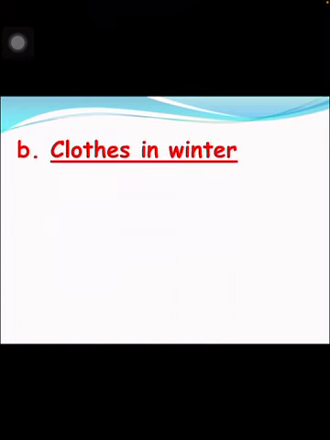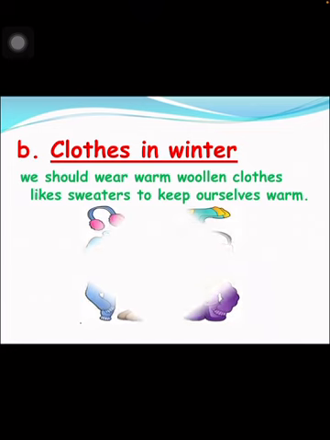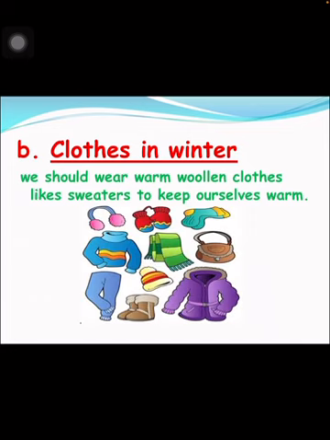Now clothes in winter. In winter, we should wear warm woolen clothes like sweaters to keep ourselves warm. You can clearly see different examples of the clothes that we wear in winter.